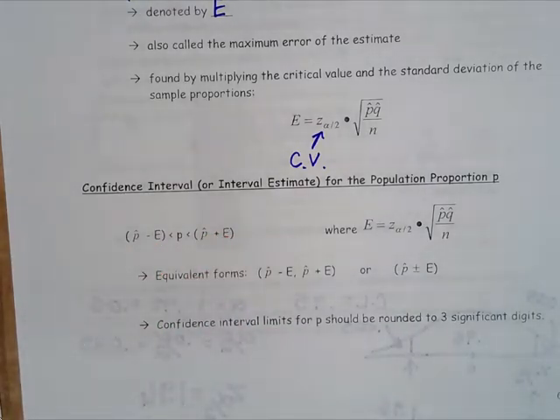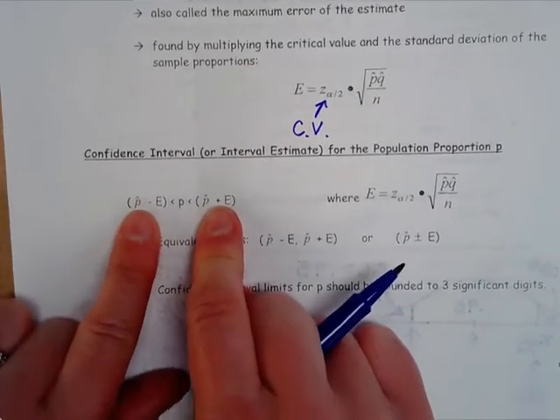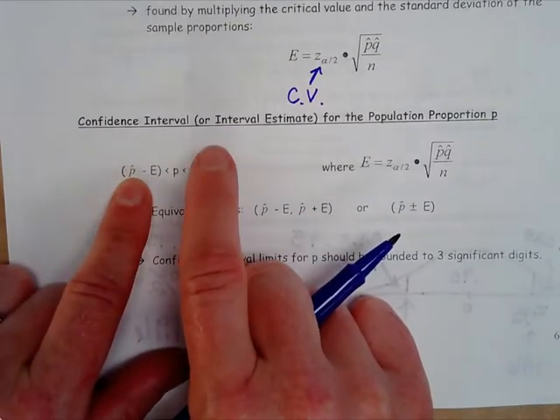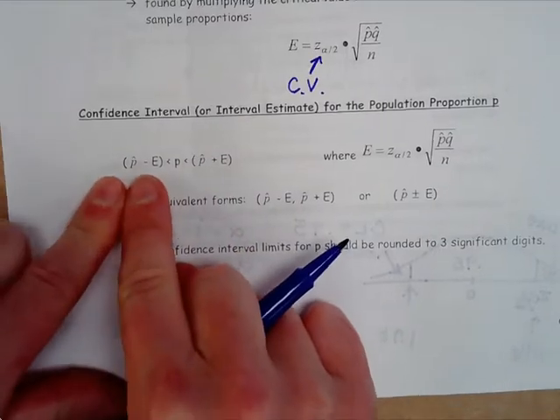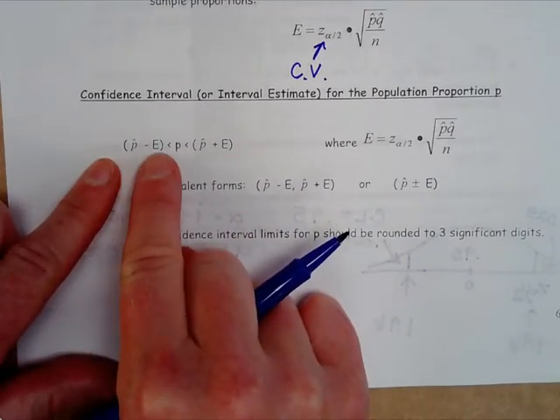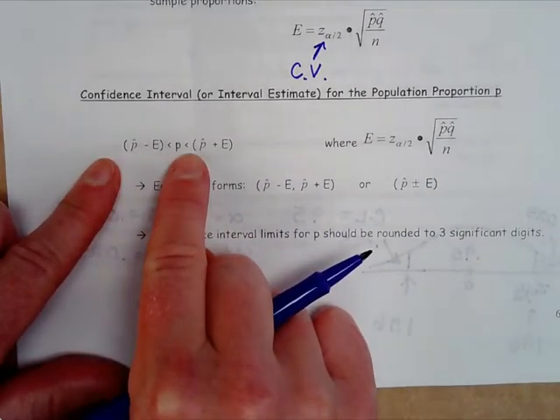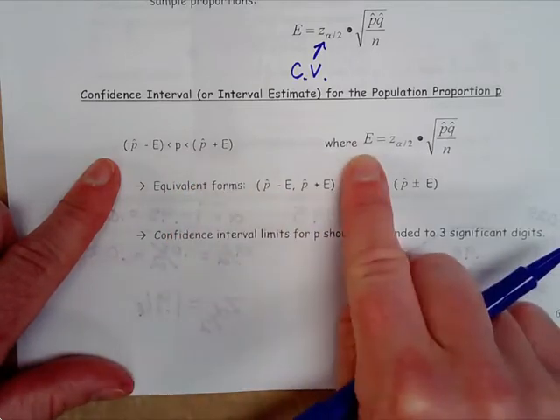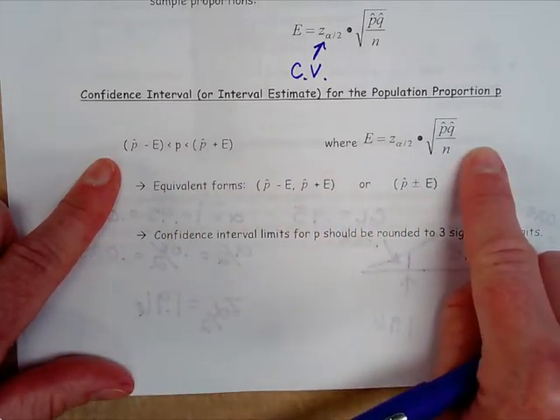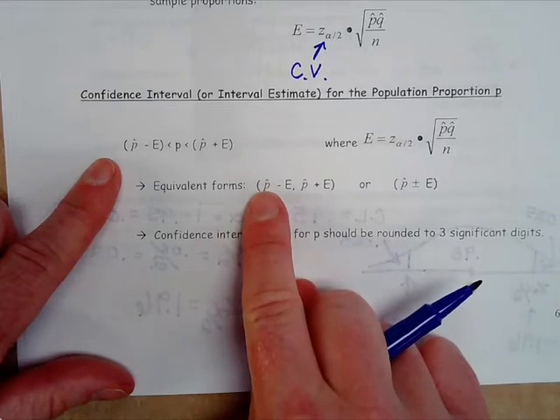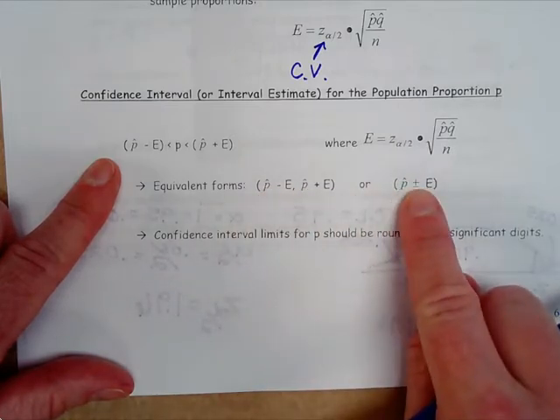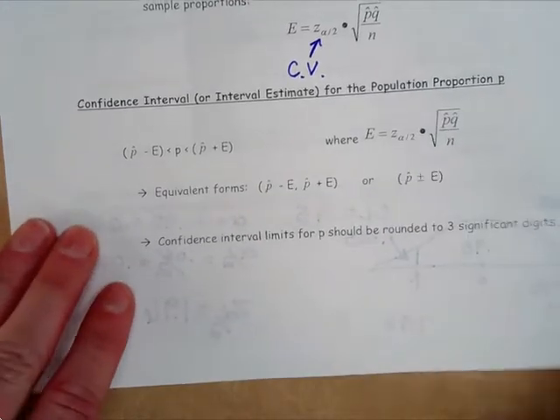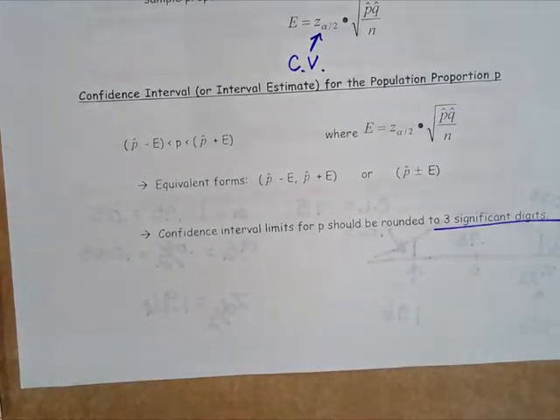And that gives you your two values for your interval, which can also be written as an inequality. So look at this formula. P hat minus E is less than P is less than P hat plus E, where E, we just looked at that formula. We can also write it with parentheses around it as an interval, or P hat plus or minus E. We're going to round it to 3 significant digits.